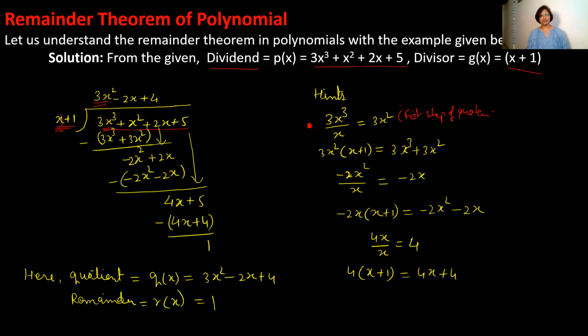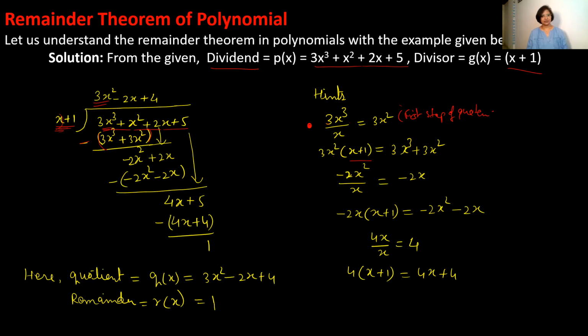Now, the first term of the quotient will be multiplied by the divisor, which we do in order to subtract. So here 3x square into x plus 1 equals 3x cube plus 3x square. We write it here, and like in the simple division method where we divide two numbers, we subtract this.